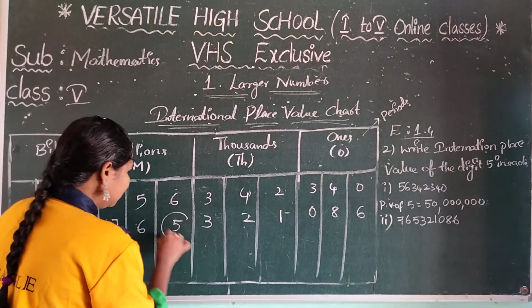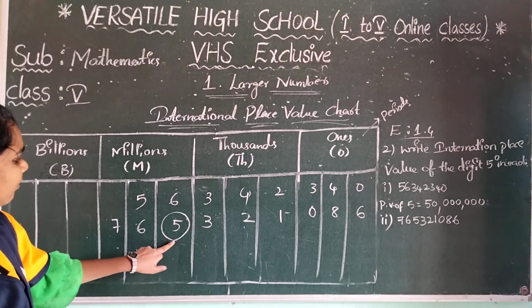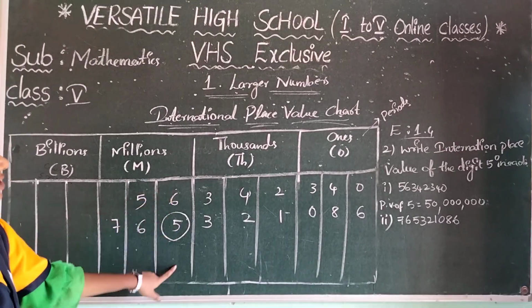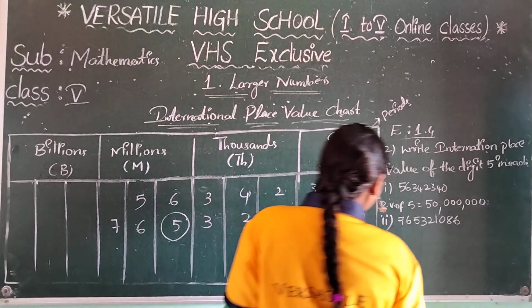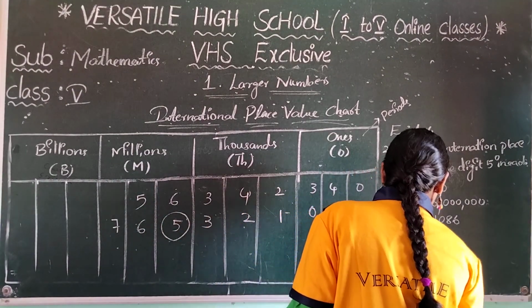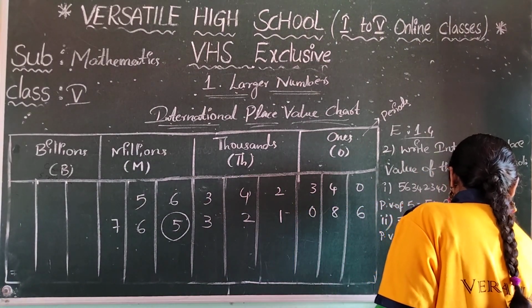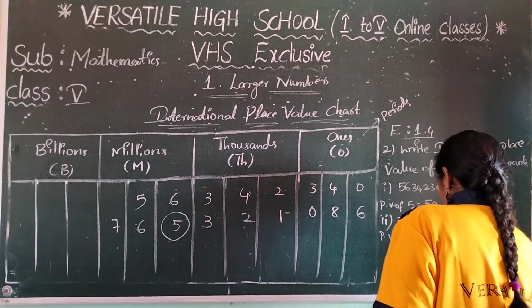Here 5 is in which place value? Which place has 5? Millions place. You write the place value of 5 is millions place, 5,000,000.